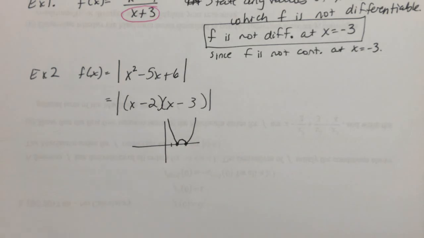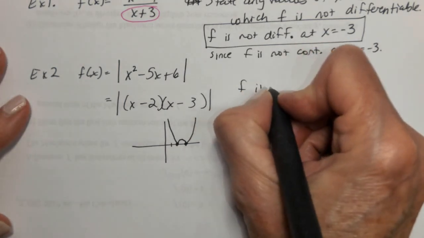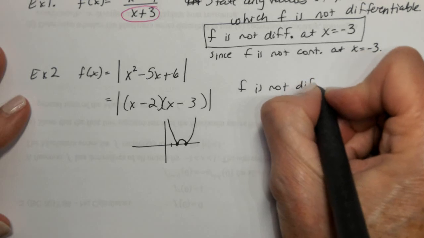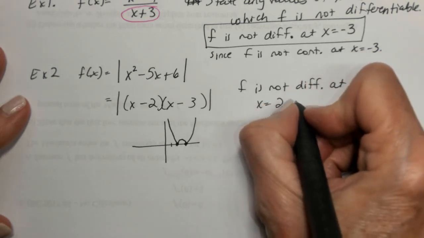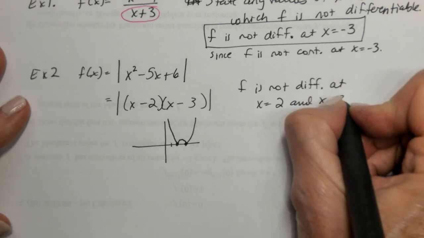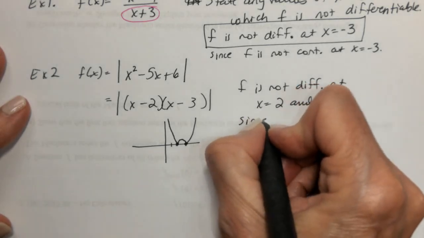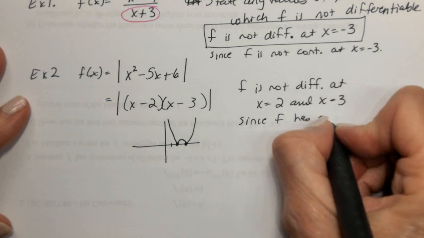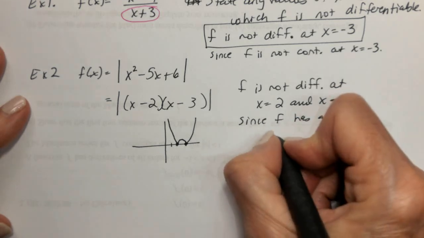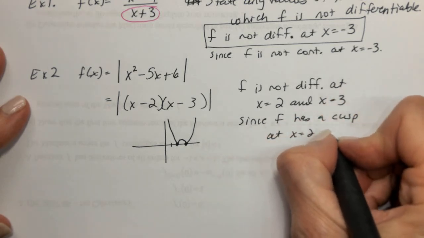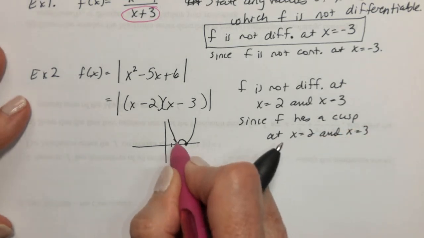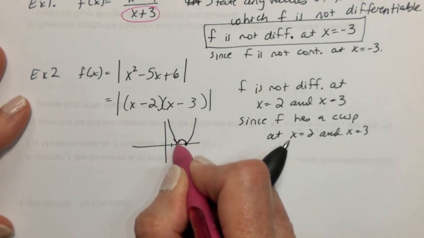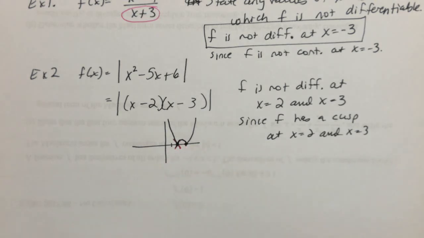So f is not differentiable at x is equal to 2 and x is equal to 3, since f has a cusp at x equals 2 and x is equal to 3. The slope from the left is not equal to the slope from the right. They're not the same. So cusp and not differentiable.